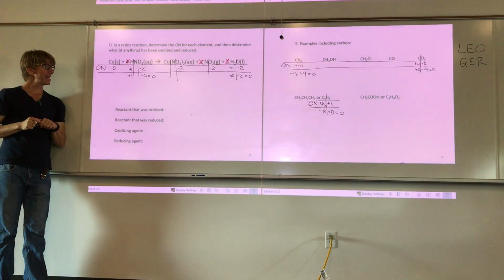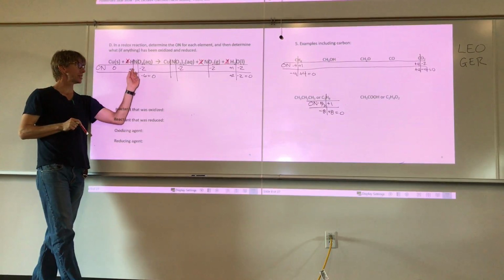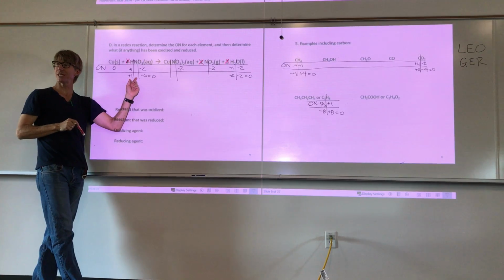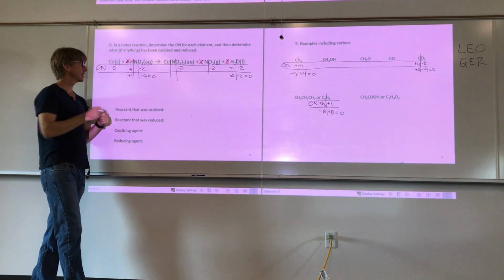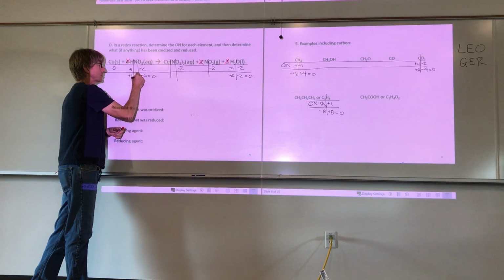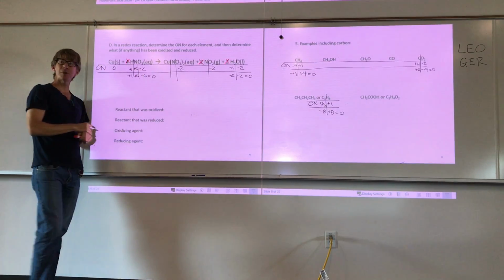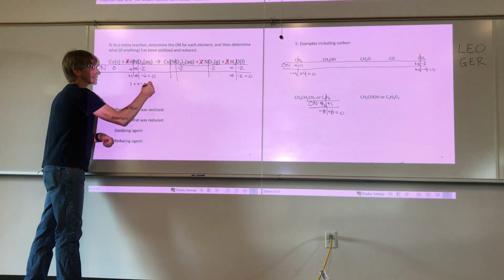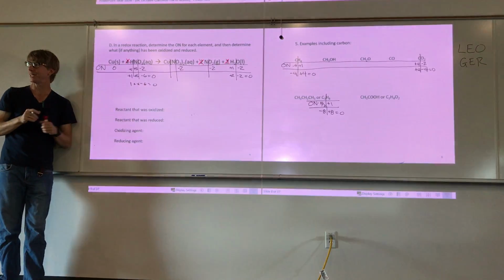And now, nitrogen, I have 1 of them, and what will the oxidation number be on that nitrogen? +5. Some people like to put 1 + x - 6 = 0 and solve for the x.